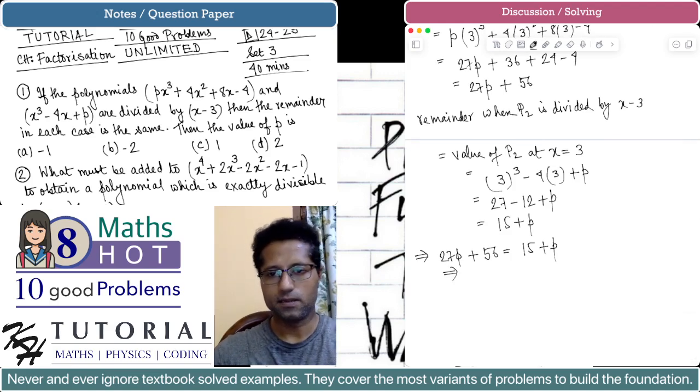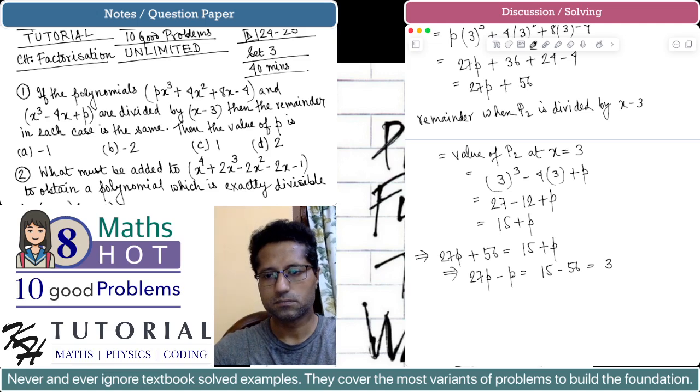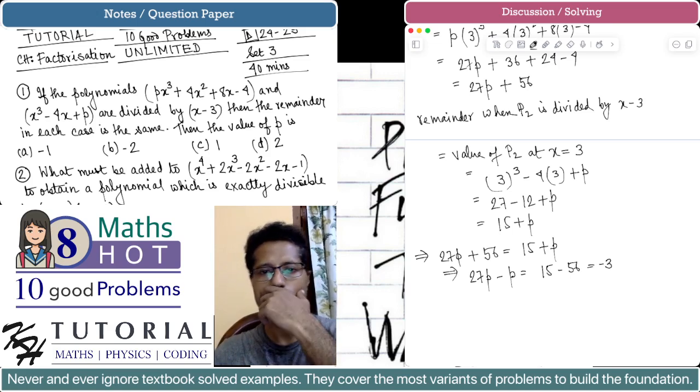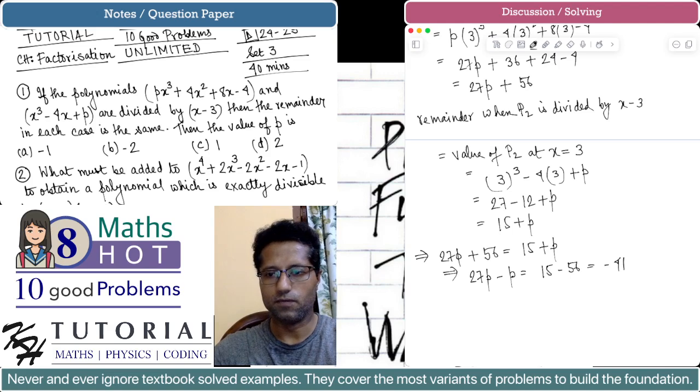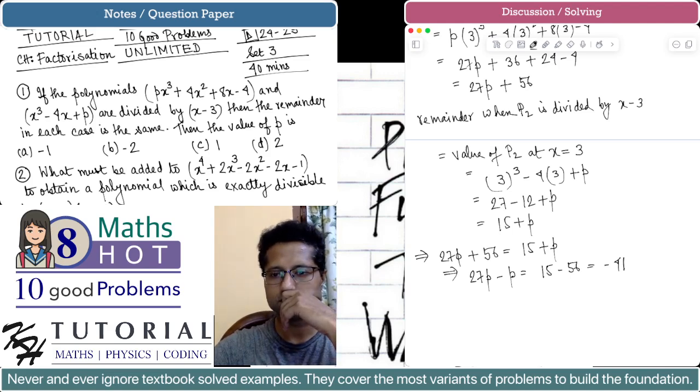If we solve for p, we bring all the p terms to the left hand side and all the constants to the right hand side, and we get 27p minus p is equal to 15 minus 56, which is equal to minus 41. This implies 26p is equal to minus 41.